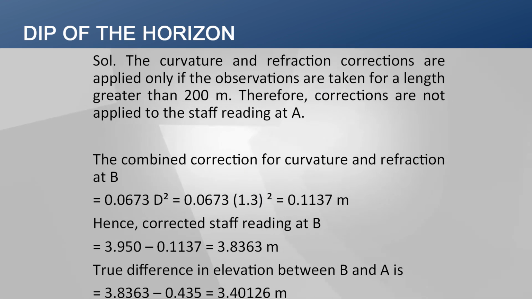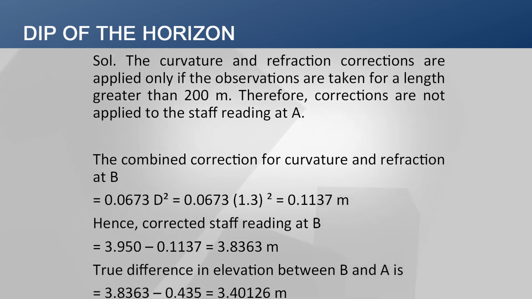The curvature and refraction corrections are applied only if the observations are taken for a length greater than 200 meter. Therefore, the corrections are not applied to the staff reading at A. The combined correction for curvature and refraction is only applied to the staff reading at B, which is equal to 0.0673 into D square.